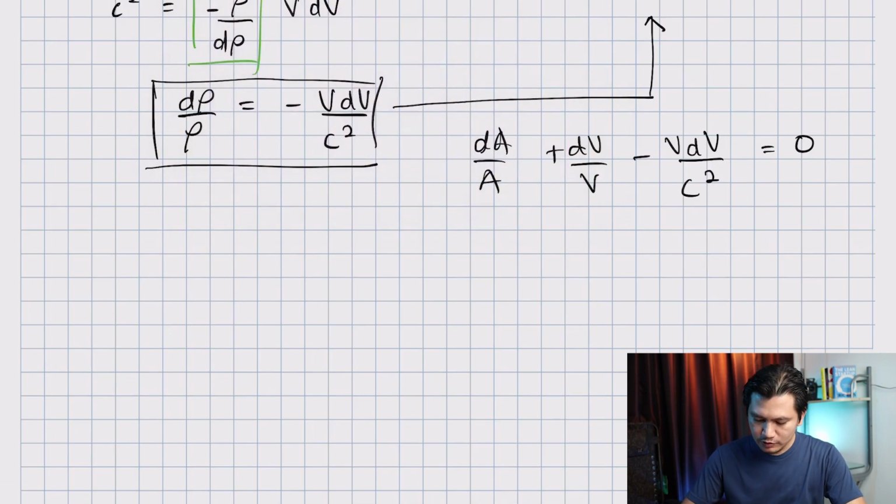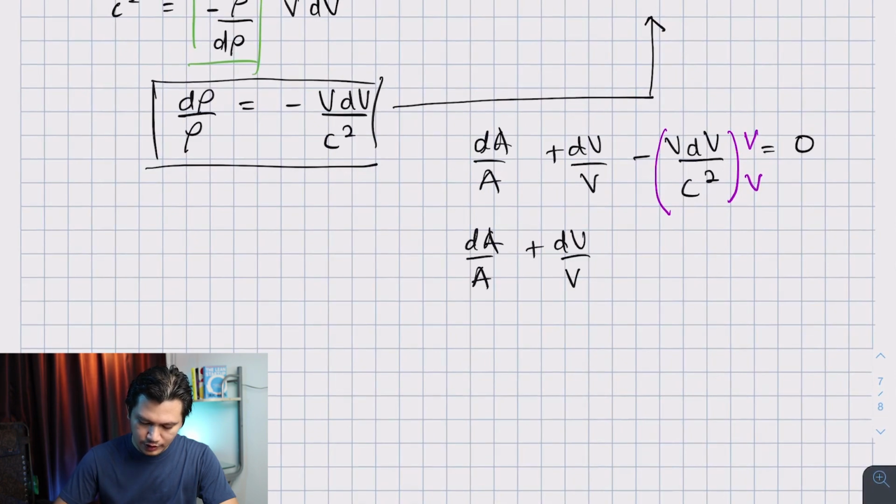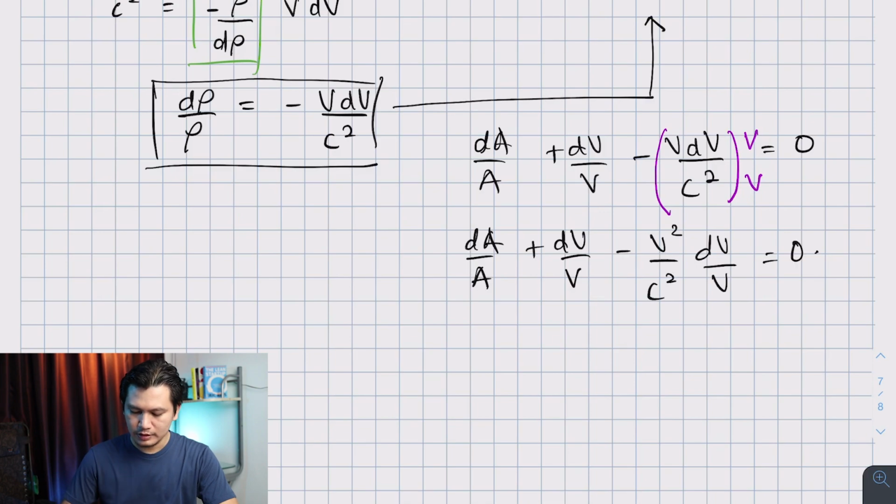Okay, and what I want to do now is to take this equation and multiply this by V over V. You'll see later why. And this means I will end up with dA over A plus dV over V minus V squared over C squared times dV over V equals 0.